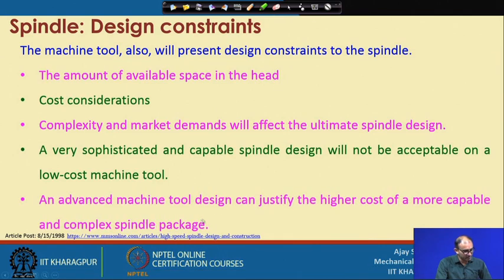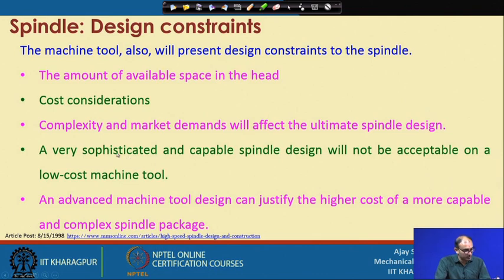An advanced machine tool design can justify the higher cost of a more capable and complex spindle package. So, first you have to find the machine tool design. If stiffness, vibration damping capacity and axis orthogonality are all fine tuned, then you can justify that whatever part you machine will be a high quality part.